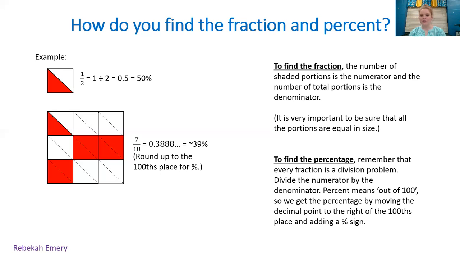Divide the numerator by the denominator. Percent means out of 100. So we get the percentage by moving the decimal point to the right of the 100th place and adding a percent sign. And that's how you find the fraction and percent.